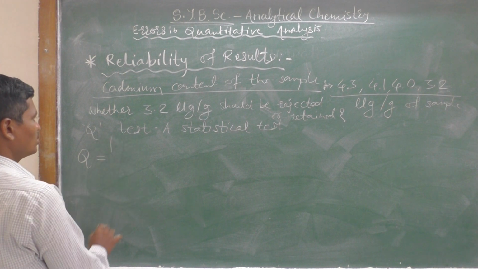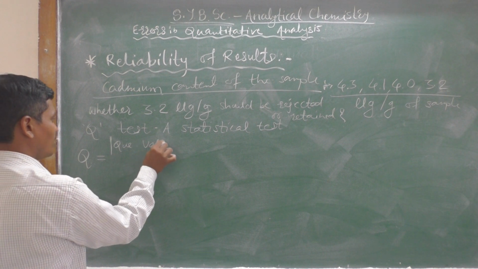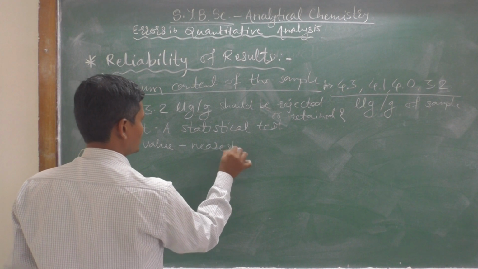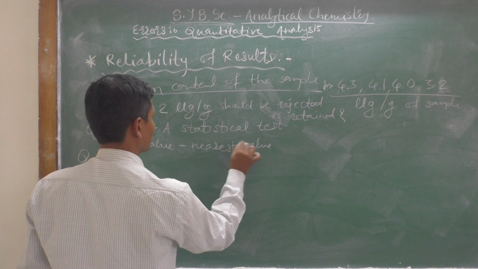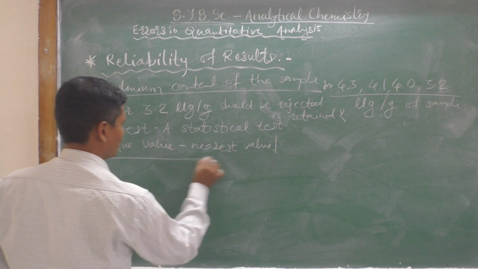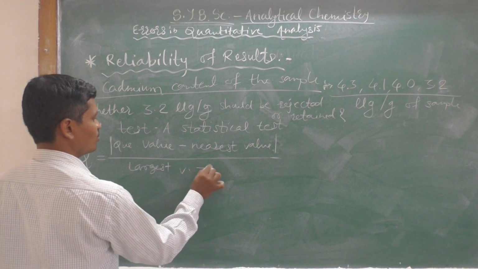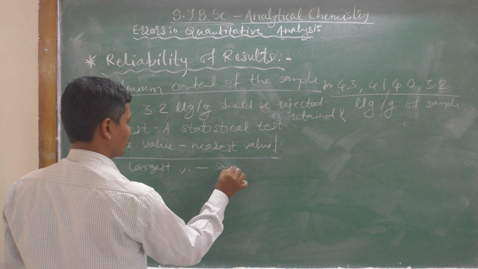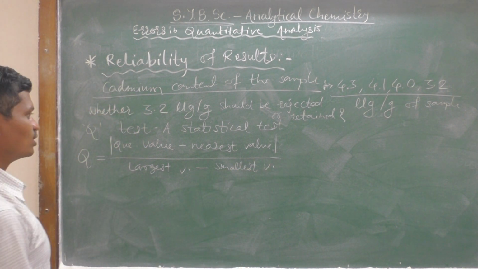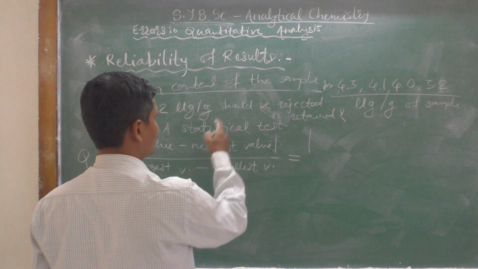In mod, the questionable value minus nearest value, divided by largest value minus smallest value. So in mod, we are calculating the Q value for these results.